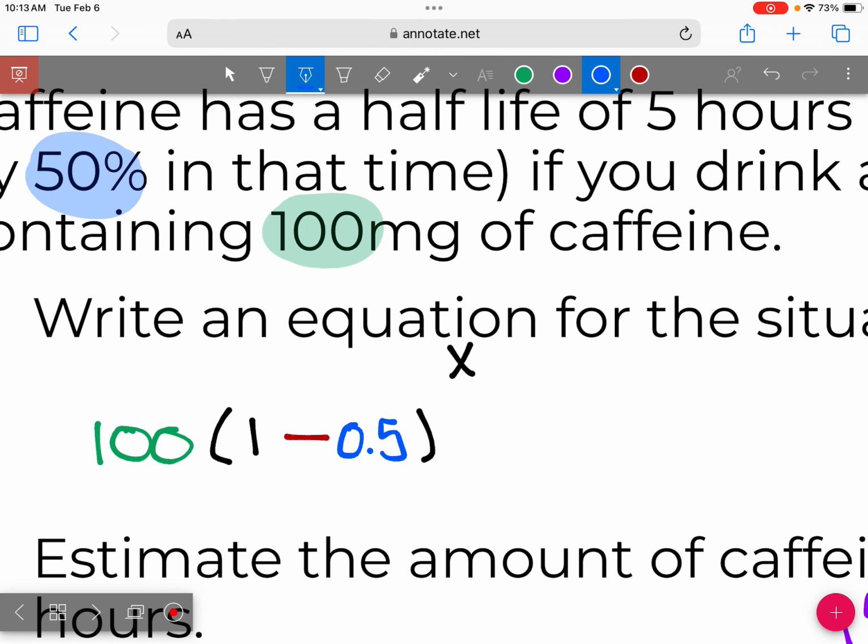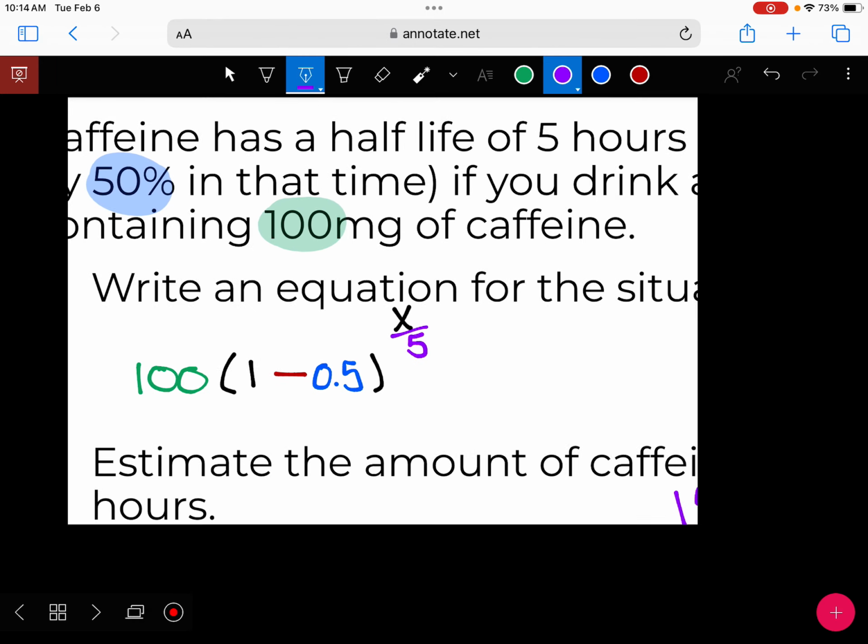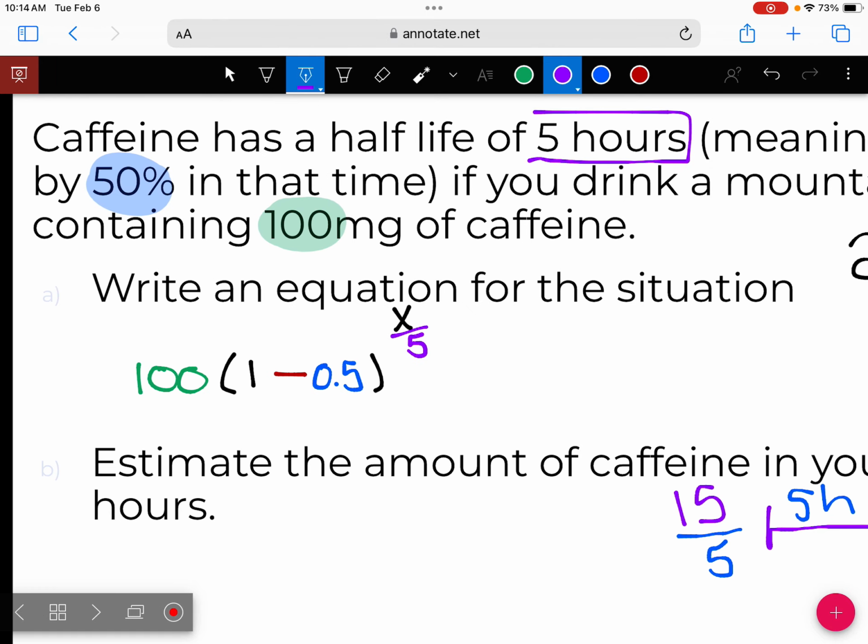We're going to come up here to our exponent, and we're actually going to divide by our weird unit of time. So whenever we have a weird unit of time, you're going to divide your exponent. It's not going to happen super frequently, but it does show up. Okay, we will continue to practice it as we go.